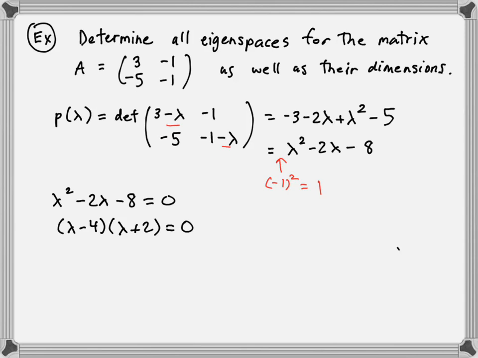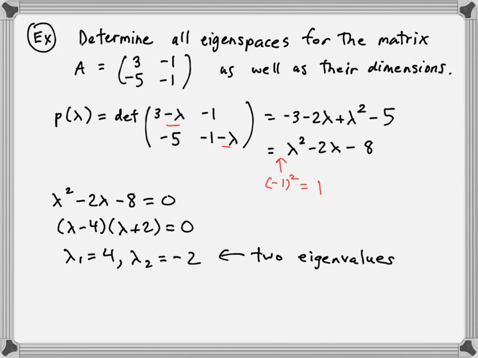Let me write them as lambda 1 is equal to 4 and lambda 2 is equal to negative 2. So we get 2 eigenvalues. Okay? All right, so now with each eigenvalue, we need to find the eigenvectors.